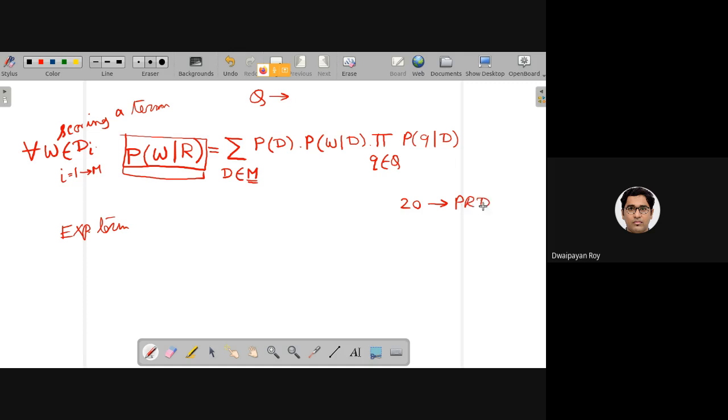Then this P(W|R) computation is performed for all words in the above 20 pseudo-relevant documents. Compute P(W|R).